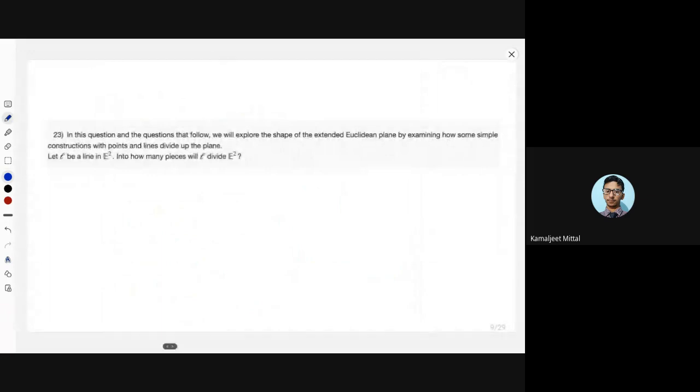Now let's discuss the 23rd question. In this question and the questions that follow, we will explore the shape of the extended Euclidean plane, which is P2, by examining how simple constructions with points and lines divide up the plane.